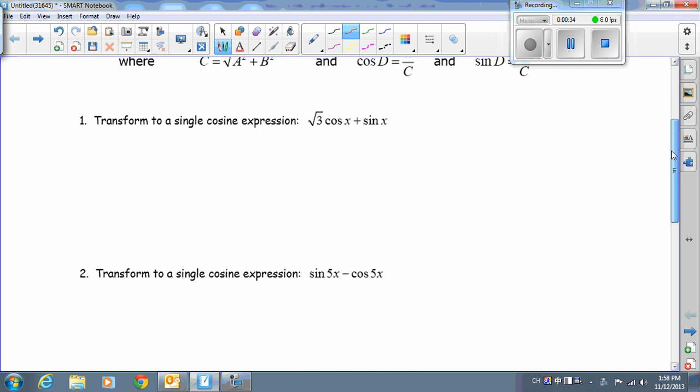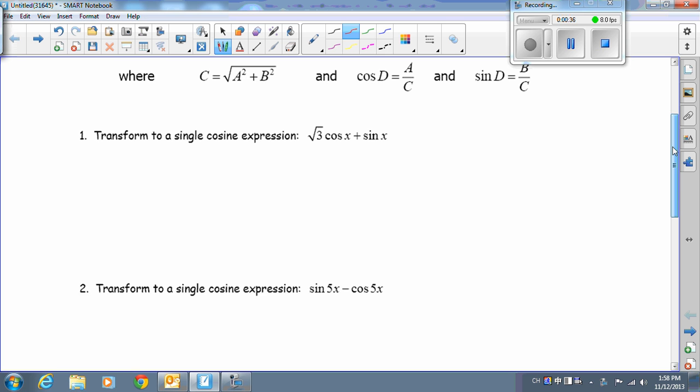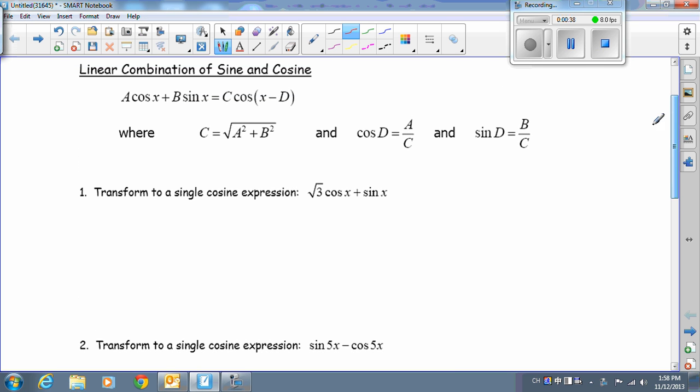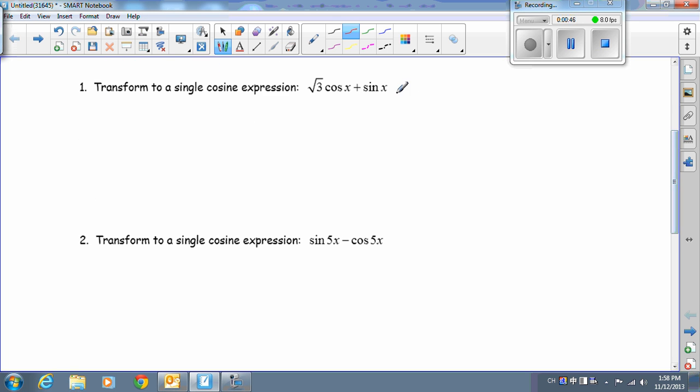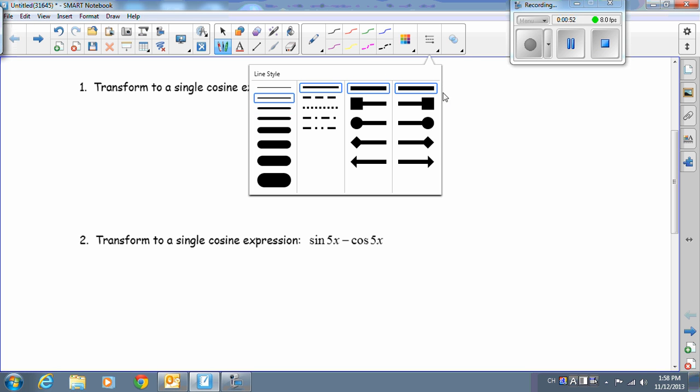Let's go ahead and transform the first one. On the first one, I have square root of 3 cosine x plus sine x. I will keep referring to these formulas above here, so keep looking at these. On this example, I can tell already what the value of a is.